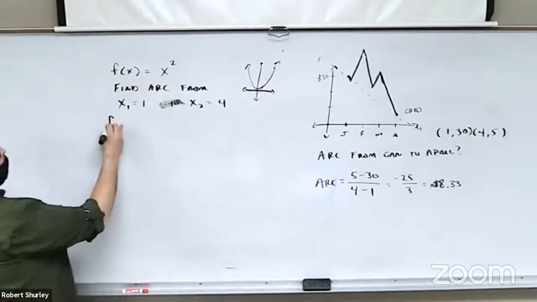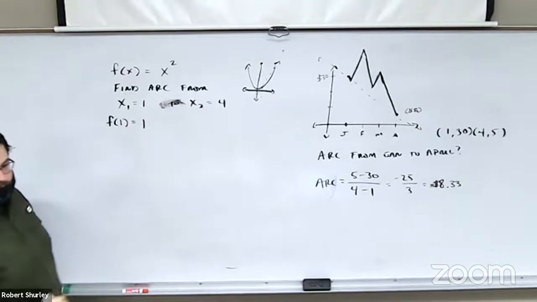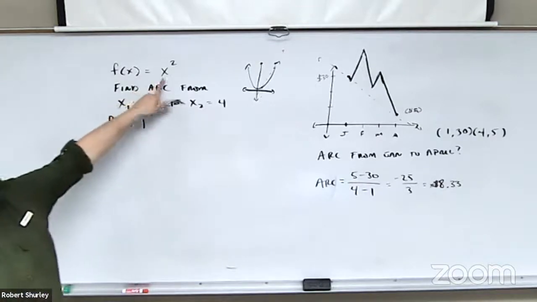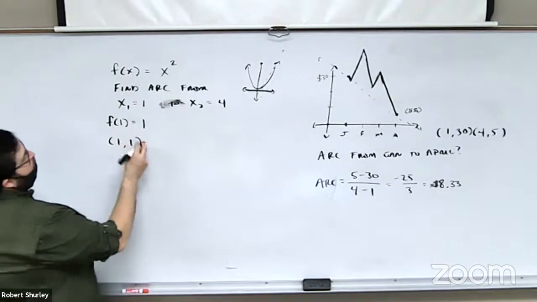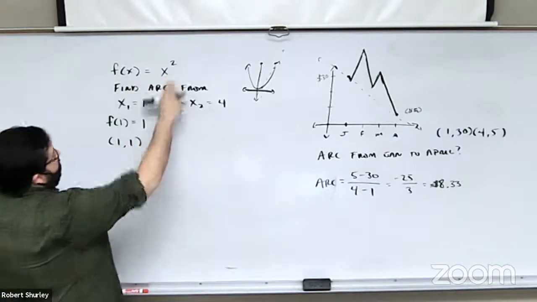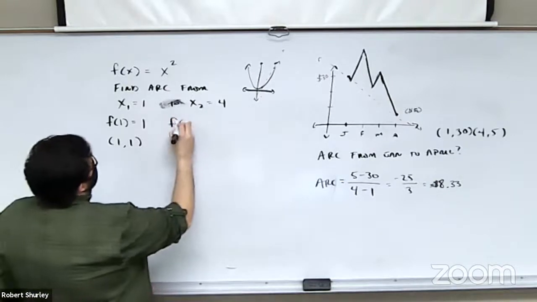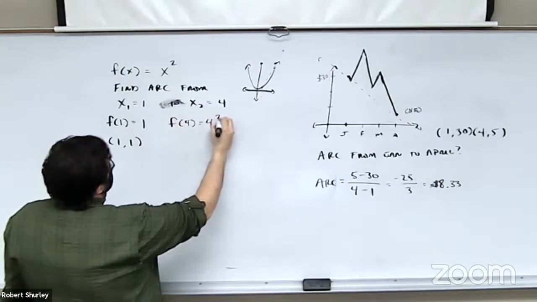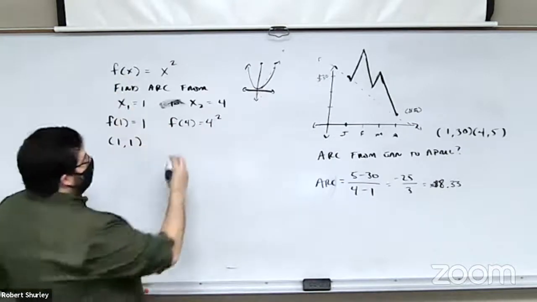So if I plug in 1 to the equation, I get back 1, right? You guys see that? 1 squared is just 1. So for my first coordinate, it would be 1, 1. My second coordinate, f of 4, I get 4 squared, right? From this equation, 4 squared is just 16.